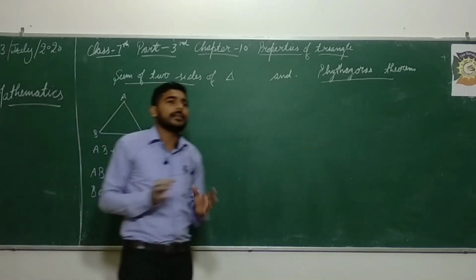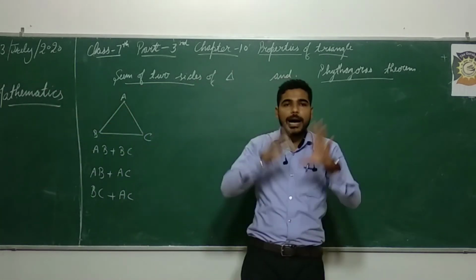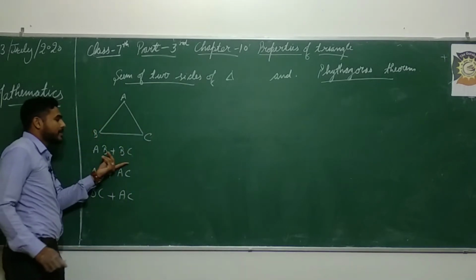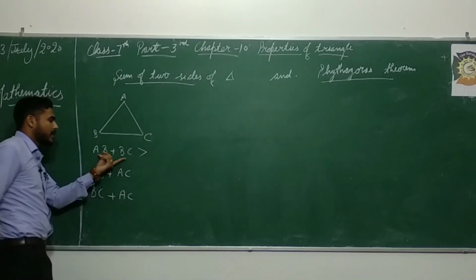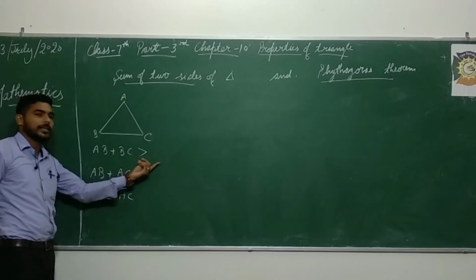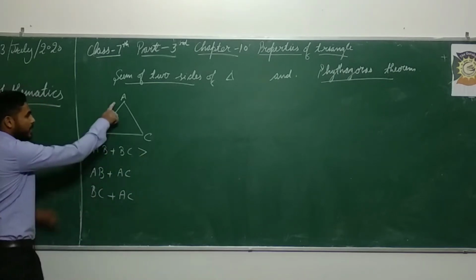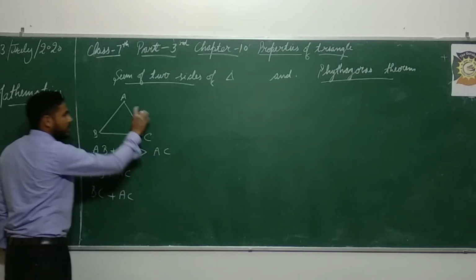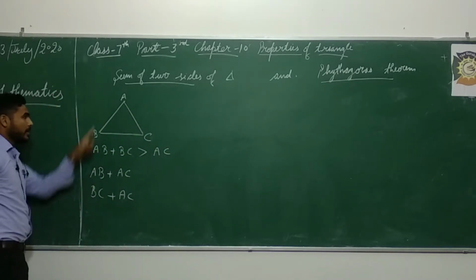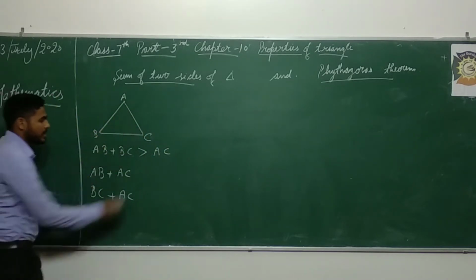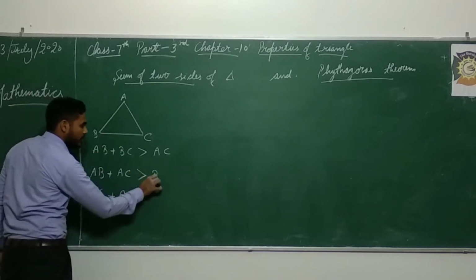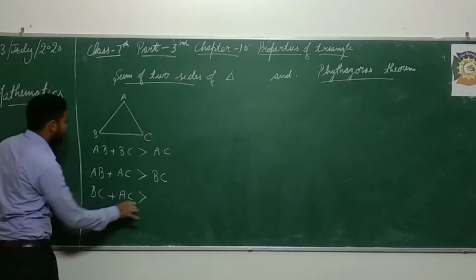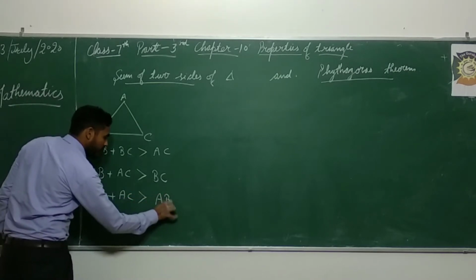You just see that, students, when you add any two sides, the sum is always greater than the third side. AB plus BC is always greater than the third side AC. AB plus AC is greater than BC and BC plus AC is greater than AB.